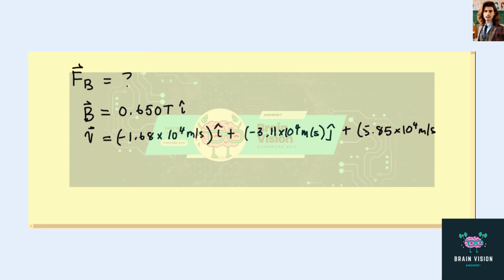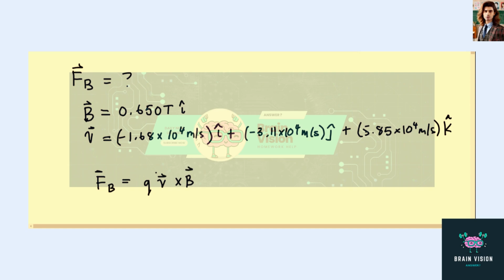So this is the full velocity written out using those unit vectors I, J, and K. Of course, you could also write it out as a tuple of 3 numbers, but I just prefer to do it that way. And then we can calculate the magnetic force by taking the cross product of V and B and multiplying by Q.